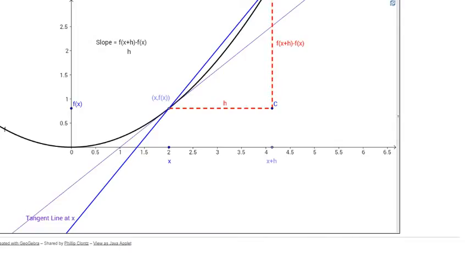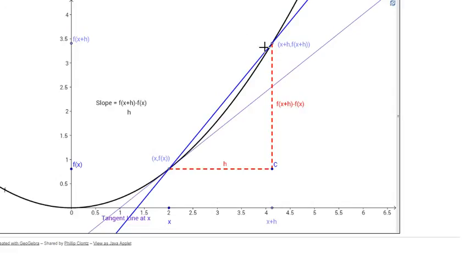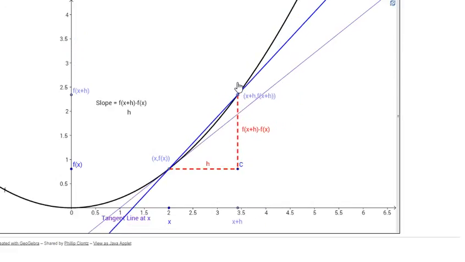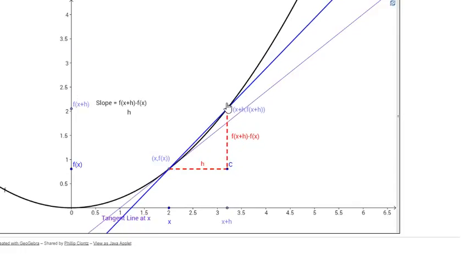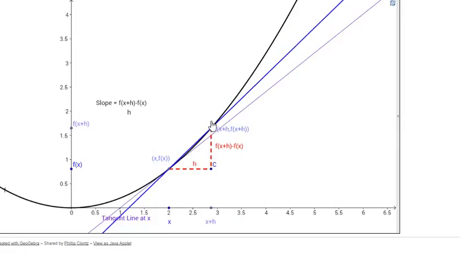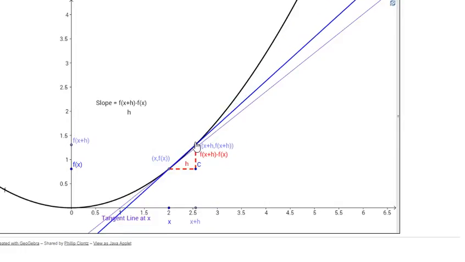So if I bring that closer to my h value, what would happen? Well, as h gets smaller and smaller, notice that the blue line gets closer and closer to the tangent line.